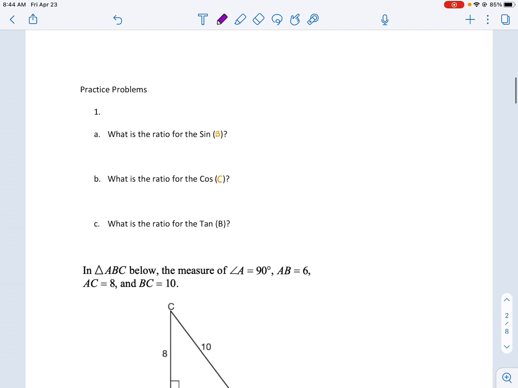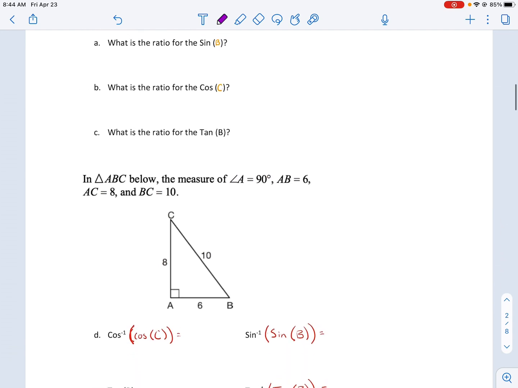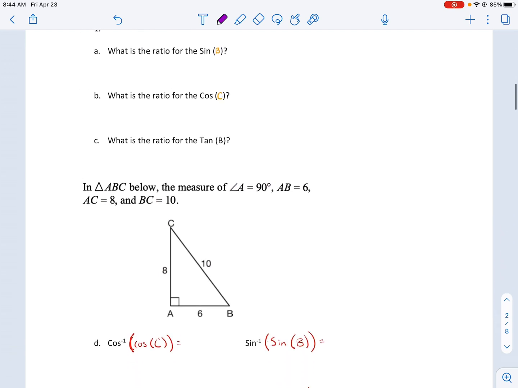Okay, so it says, what is the ratio for the sine of B? Sine of B is equal to opposite over hypotenuse, so 8 over 10, which is 0.8. Okay, cosine of C is going to be, again, 8 over 10, or 0.8.